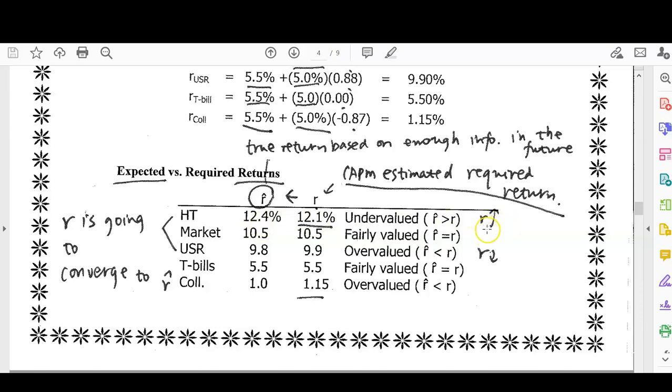Ri is going to go up in the future. For the market, R hat equals Ri, so we say it's fairly valued. For US Rubber, the model estimated return Ri is going to converge to the true return of the asset. It's going to go down in the future, so we say it's overvalued.